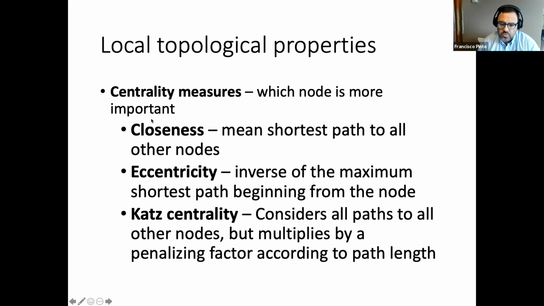Yesterday we also used the closeness centrality measure. Here I wrote the mean shortest path length to all other nodes, but in fact it is the inverse of the mean shortest path length to all other nodes, because higher closeness means that the distances to other nodes are smaller.